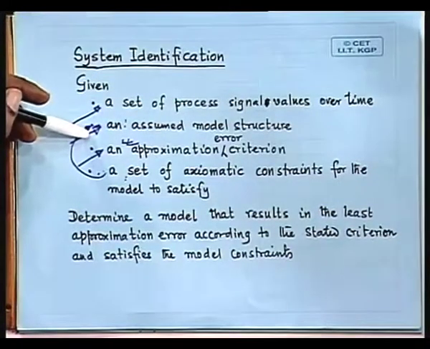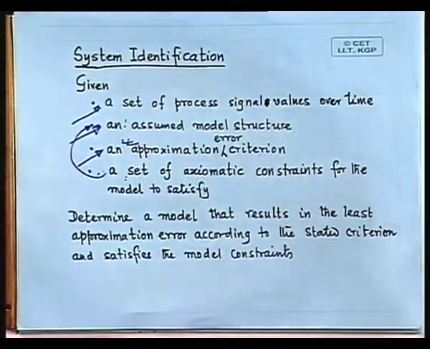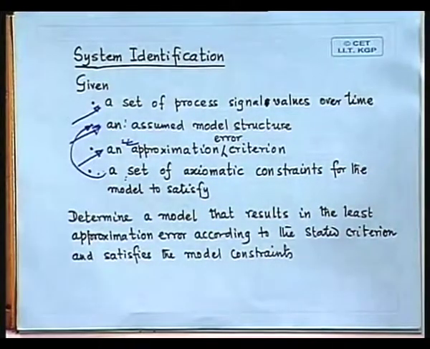So given a set of process signal values over time, some model structure we have to assume, and obviously some error criterion we have to assume. Also, about the system we could have certain a priori knowledge. We have some experience with the system, so we know some things already. Even if we do not know the detailed model set, we know certain things. So we should obviously try to use whatever knowledge we have while trying to look for models.